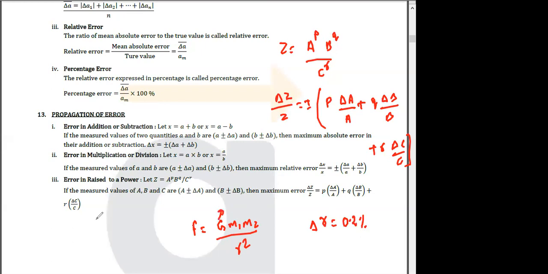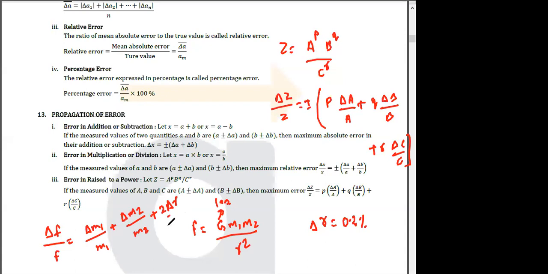Constant is not changing. I want to find the change in force. What is delta F? So delta F by F is given by delta m1 by m1 plus delta m2 by m2 plus 2 delta r by r.